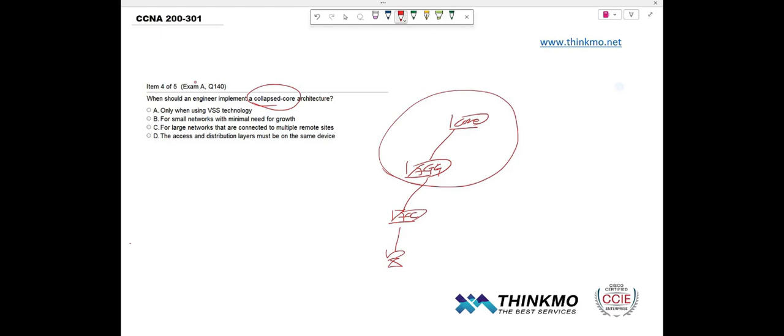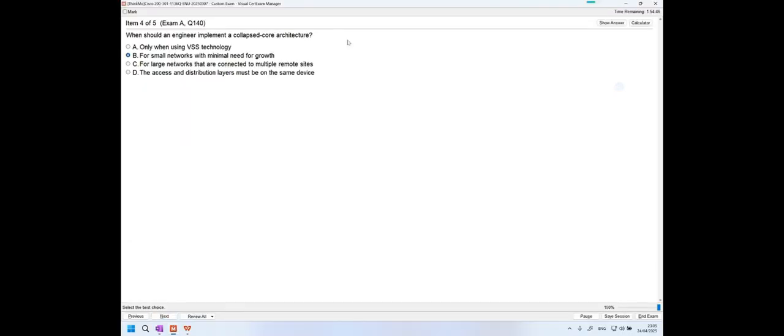Therefore, deploying just one device is sufficient. This means just deploying one core is enough. There's no need for aggregation, hence the collapsed core. Based on this reason, the choice is B, because the network is very small. All right, let's look at the correct answer. Choose B.